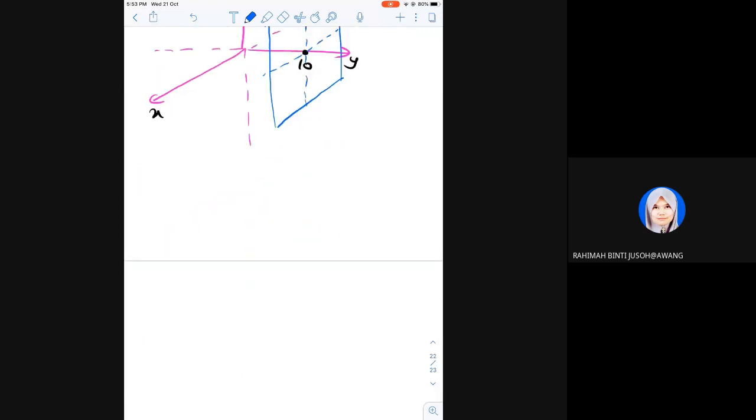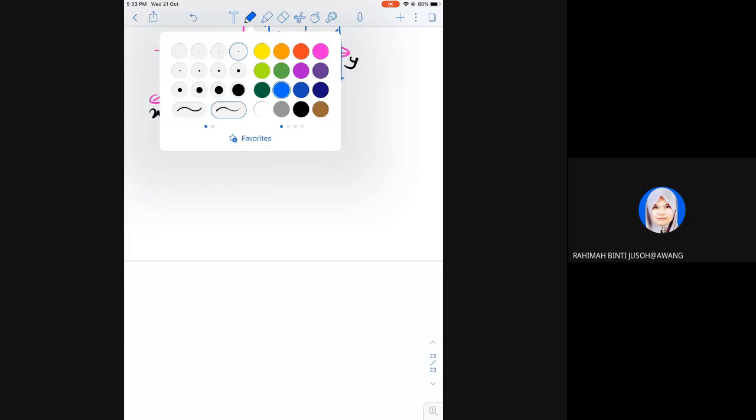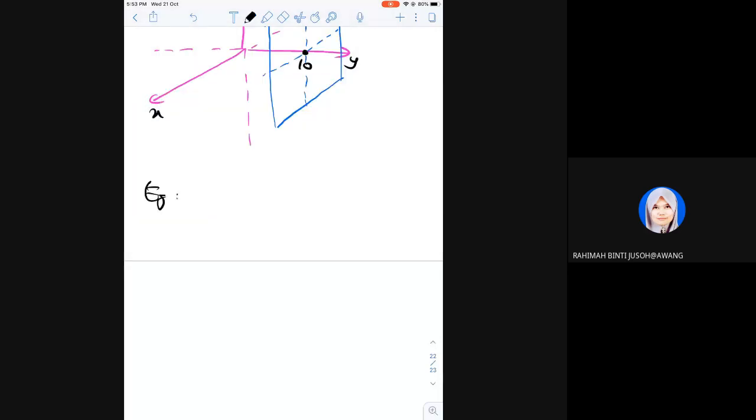Okay, let us try. Example, let's say sketch 2x minus 5y equals to 10 in 3D. Okay, so solution, let's say kita guna intercept form. We have 2x minus 5y equals to 10.